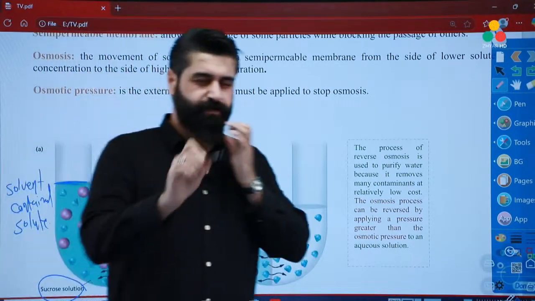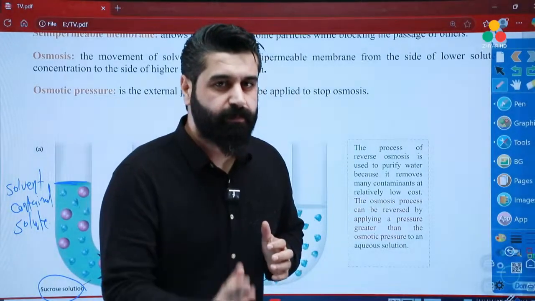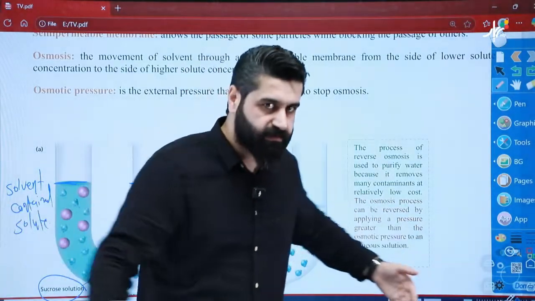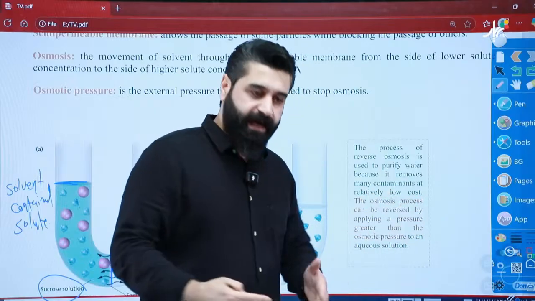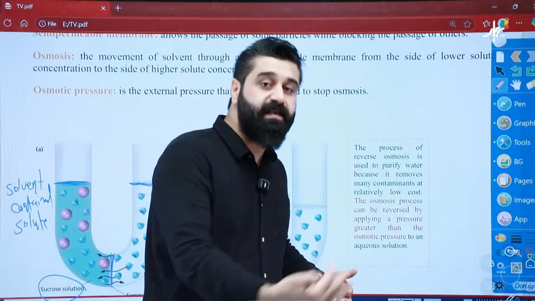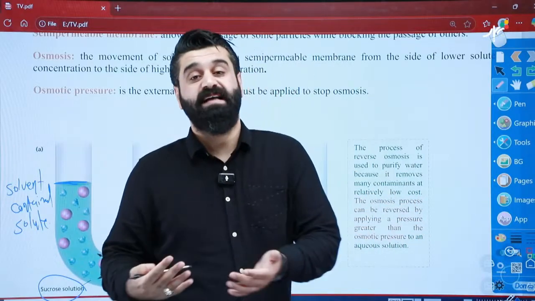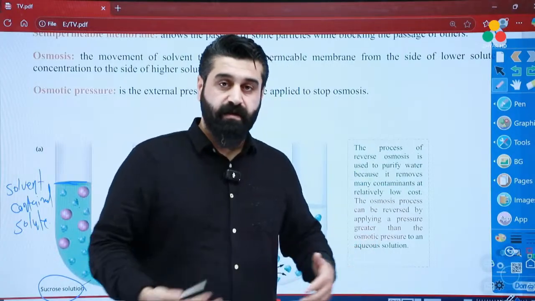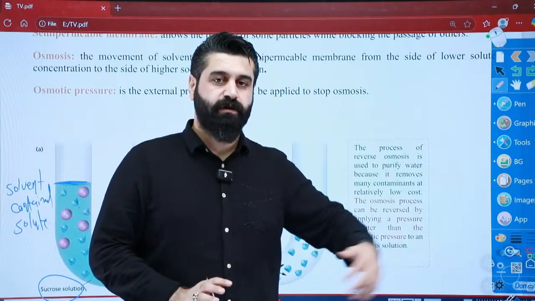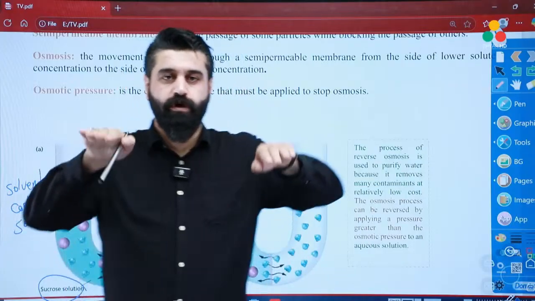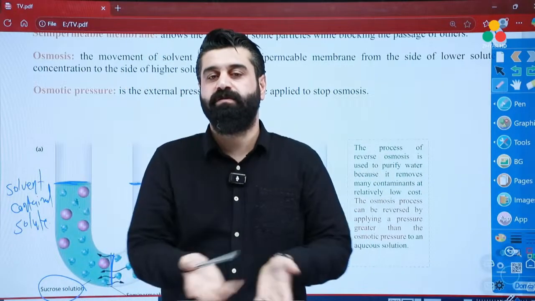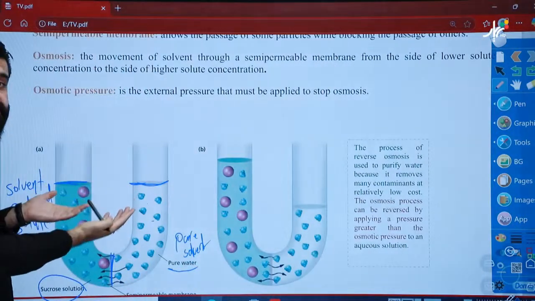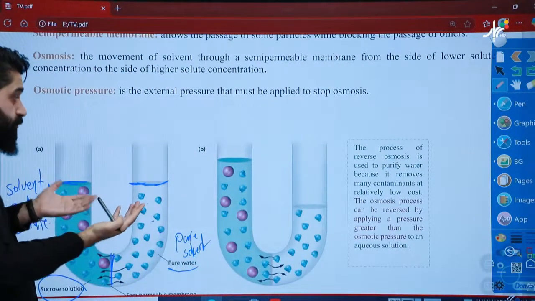Let's repeat all the points, please. We have a U-shaped tube with a semi-permeable membrane. Why do we call this semi-permeable? Because only some particles can pass. Which particle? H2O, the solvent, can pass. It allows the movement of H2O through it, while blocking the others like sugar or solid. Then two equal amounts with different concentrations must be used, or two different concentrations of solutions.